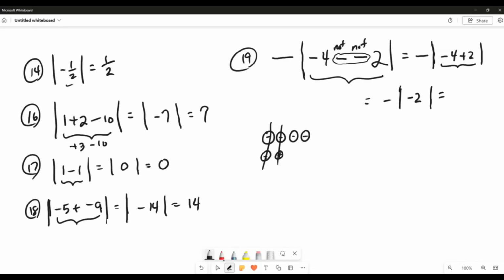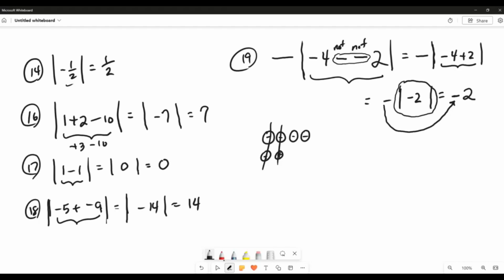Okay. Then we need to do this part. The absolute value of -2 is 2, but then we cannot forget the negative on the outside, and it makes our answer -2.